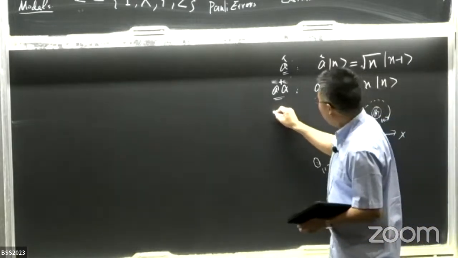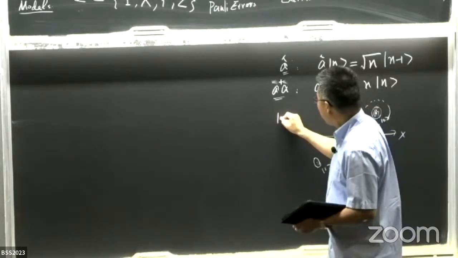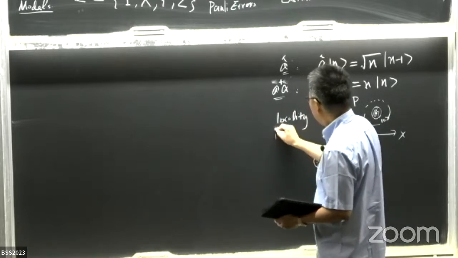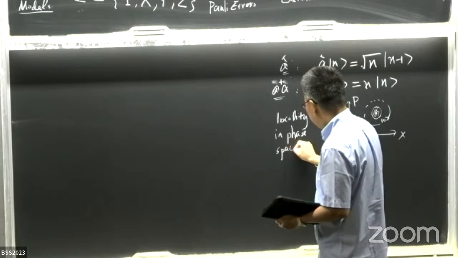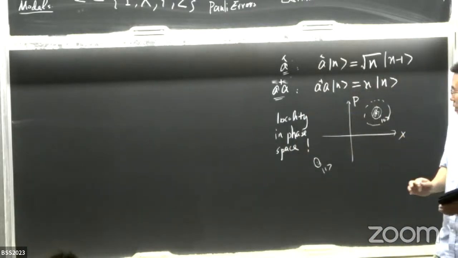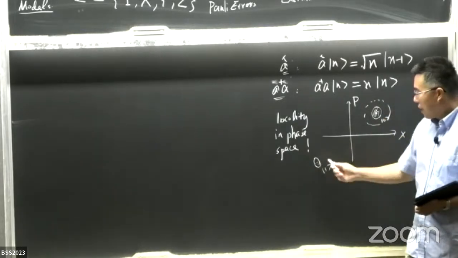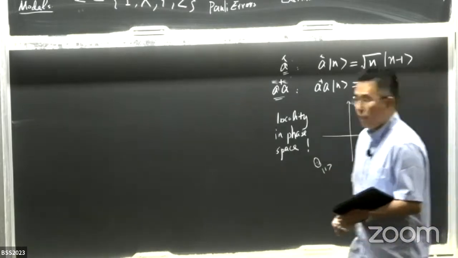So besides the slow change of photon number, there's also a locality in phase space. This is also important when we design error correcting codes, so that you can imagine you don't want the logical states to be mixed. You may want to design them to be separated in your phase space.